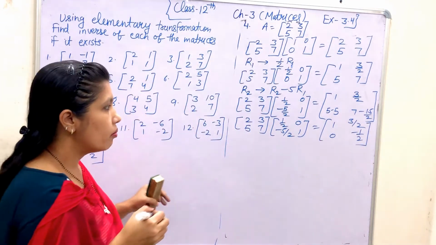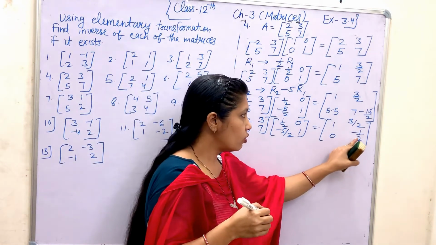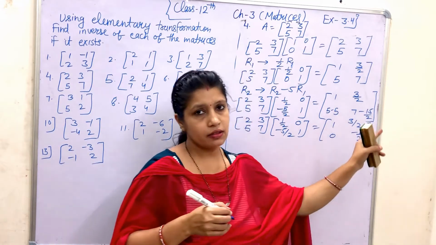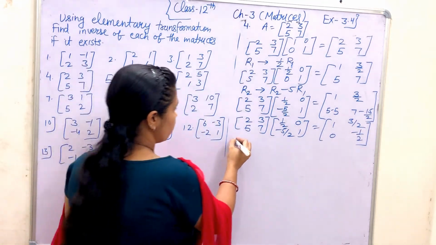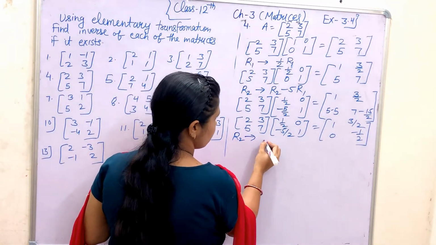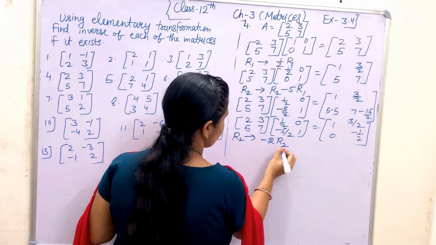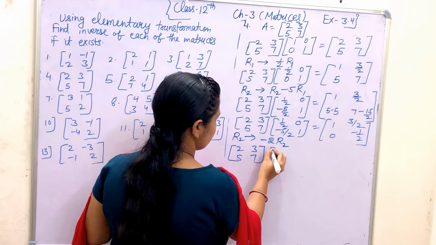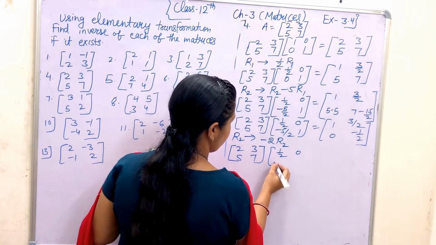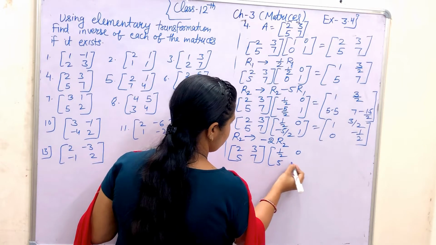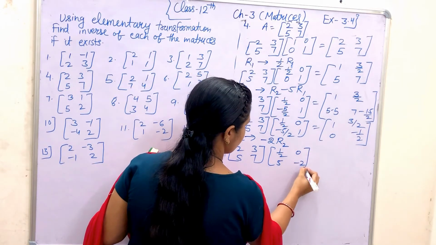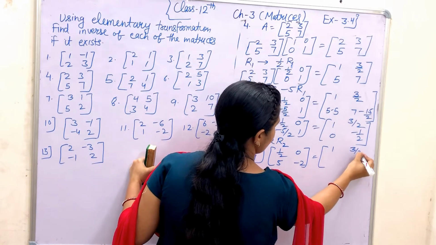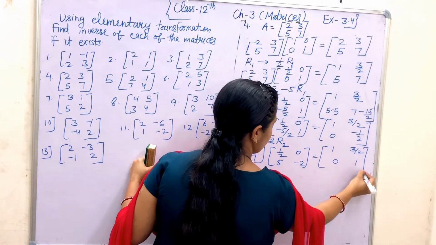Now multiplying the second row by minus 2 so that we can make our entry 1. So applying on R2, minus 2 R2, we get 1, 3 by 2, 0, 1, with 5 and minus 2.